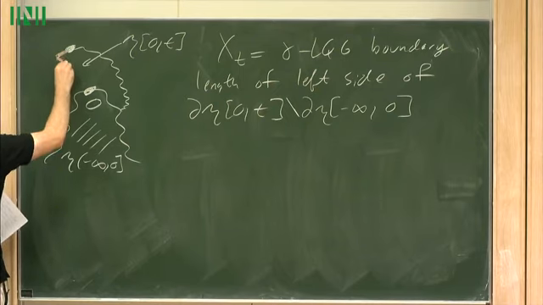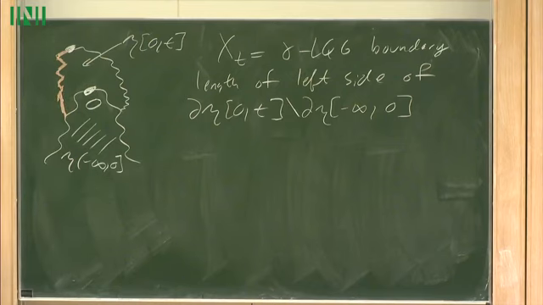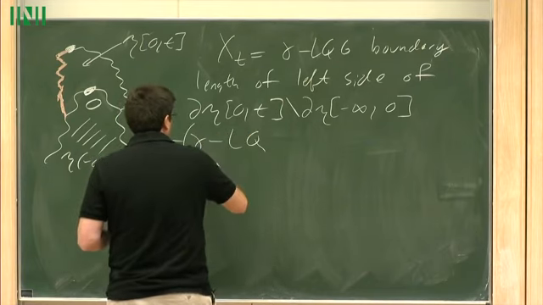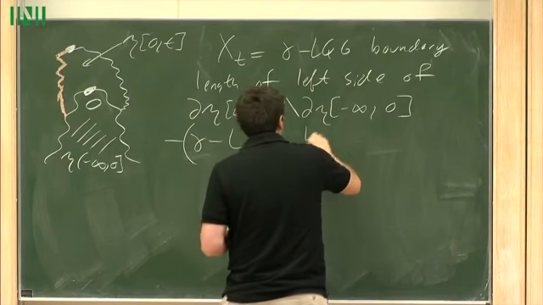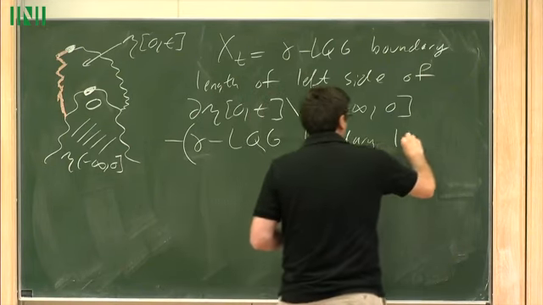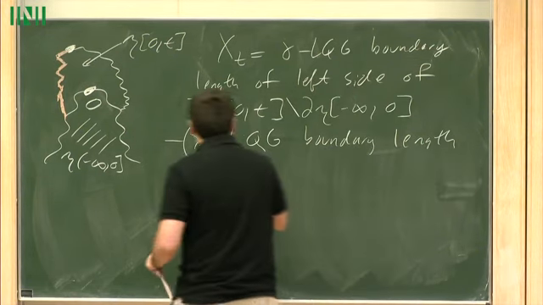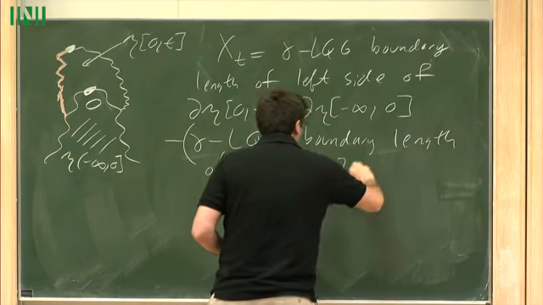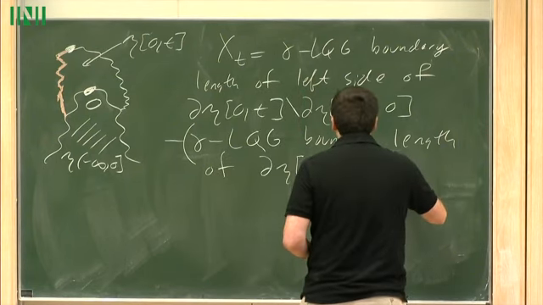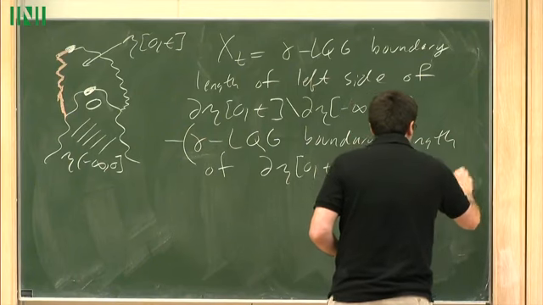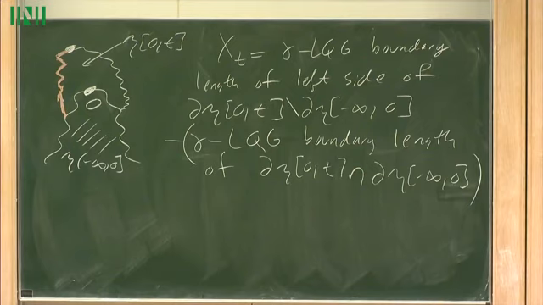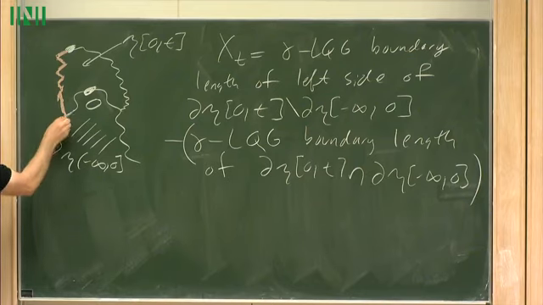And we want to look at how this compares to the Liouville quantum gravity boundary length of the boundary of the chunk, but this time intersected with the boundary of the past. Okay, so what we're looking at is the difference of the red thing here minus the blue part.